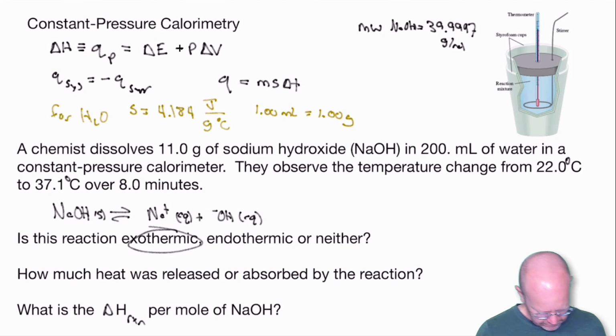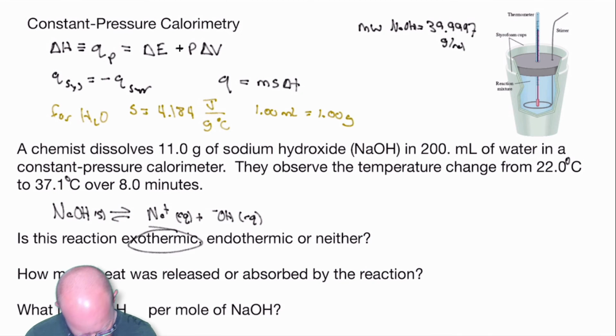So then it says how much heat was released or absorbed by the reaction. We have the most information about the surroundings because we know the specific heat. We know the heat capacity of water, the specific heat of water. We know the mass of the water, and we know the change in temperature of the water. So let's go ahead and set that up. We're going to solve for the heat, and this is of the surroundings.